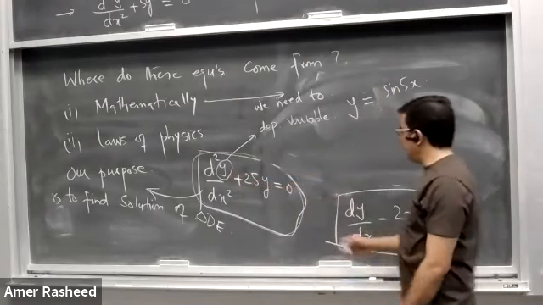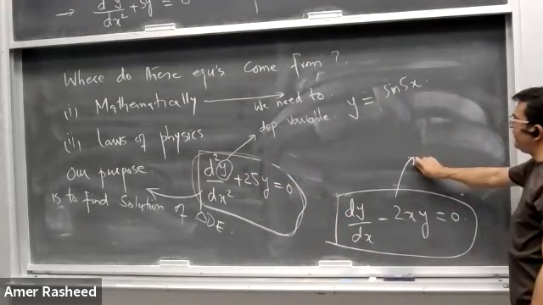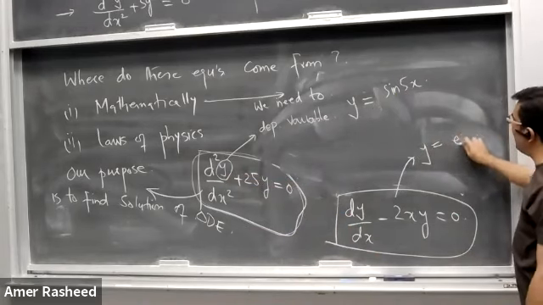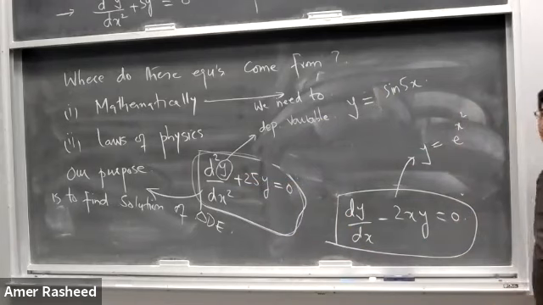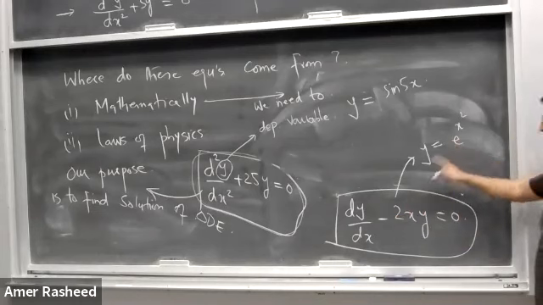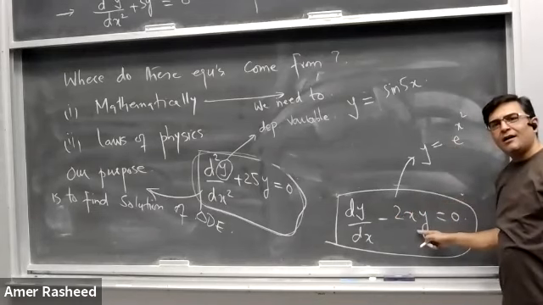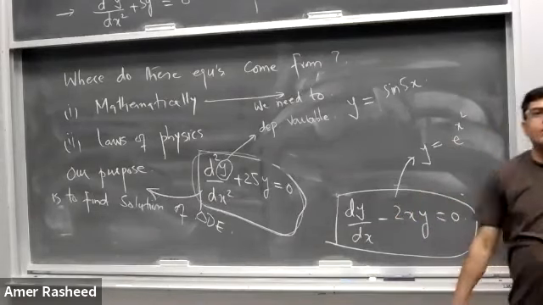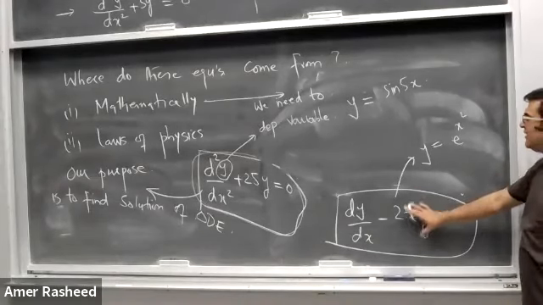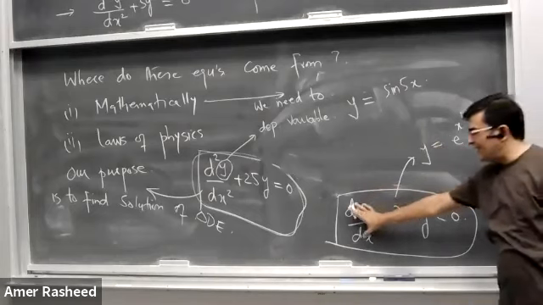Similarly, after solving a differential equation by using some techniques, if I find e raised power x squared, then this function satisfies the differential equation. If we put this function here, both sides will give us a true statement. So this equation will be satisfied if we put this dependent variable here.